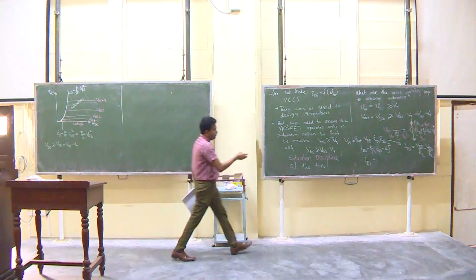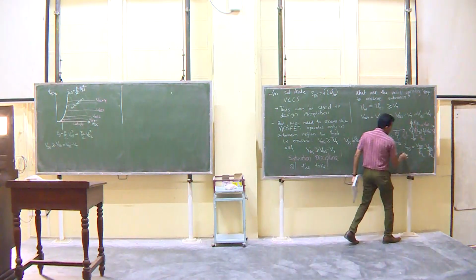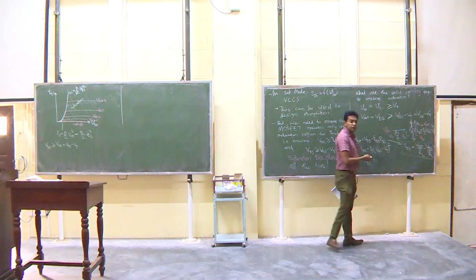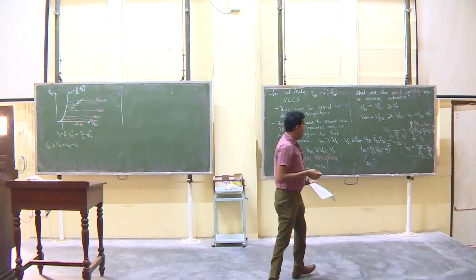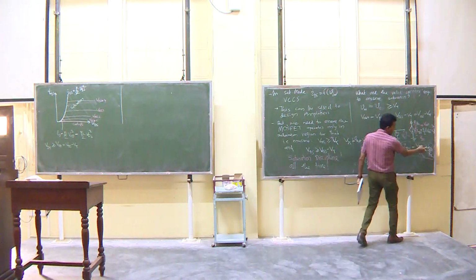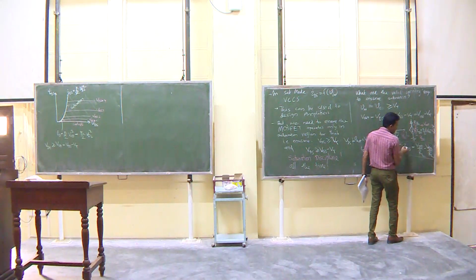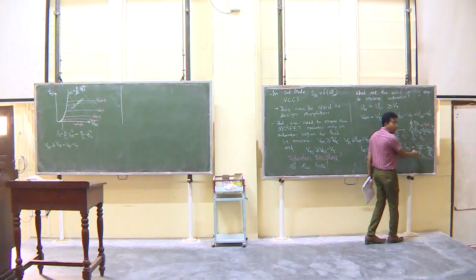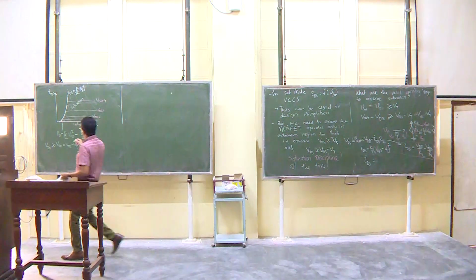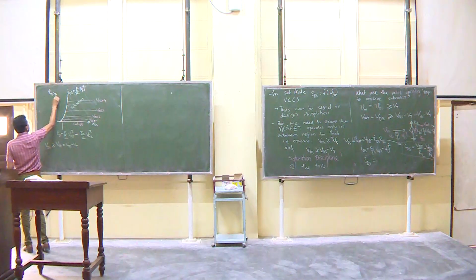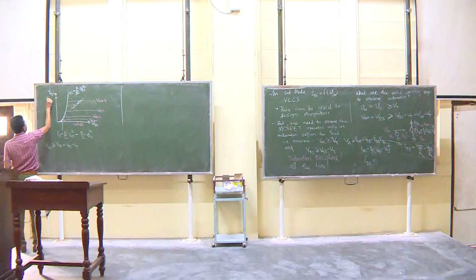What is this? This is also another relationship between IDS and VDS. When VDS is equal to 0, IDS is equal to VDD divided by RL. Okay, that point, VDD divided by RL, maybe somewhere here.